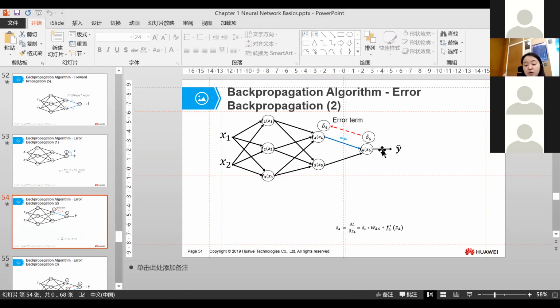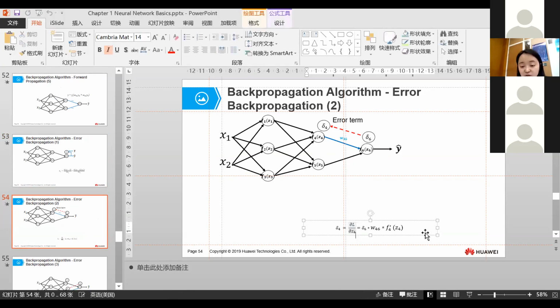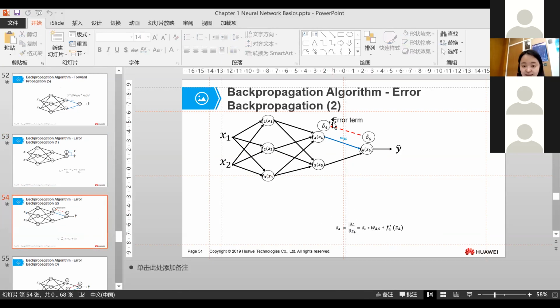So we will backpropagate the error, using the error term and functions like this.